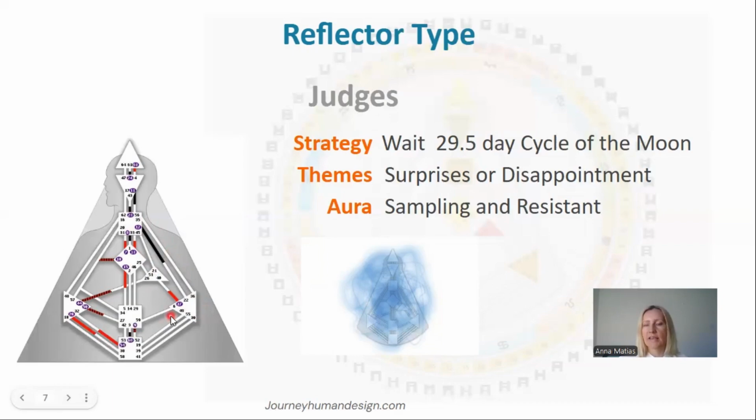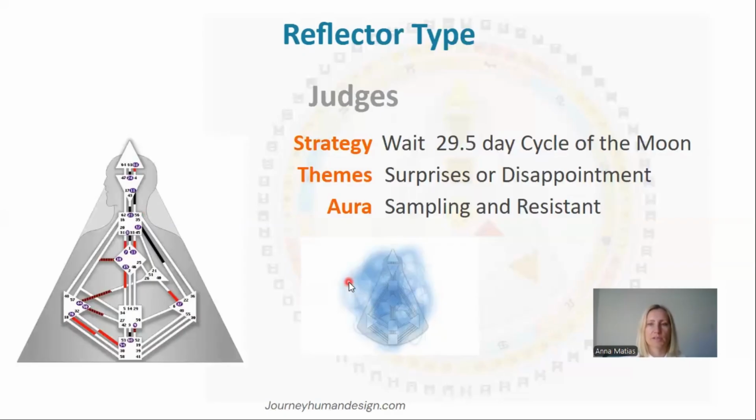So every day they can feel like a different person. And that can be very confusing if they do not know their design. By waiting the moon cycle, they can see different perspectives of the situation, of the decision. It gives them an opportunity to see the whole picture.